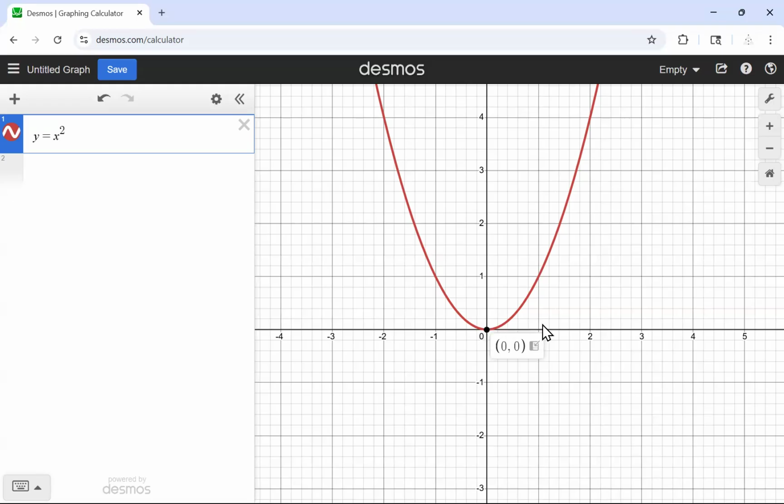So again, it goes through the point 1, 1. So that's really all we need to know about our base function to find our function that we saw.